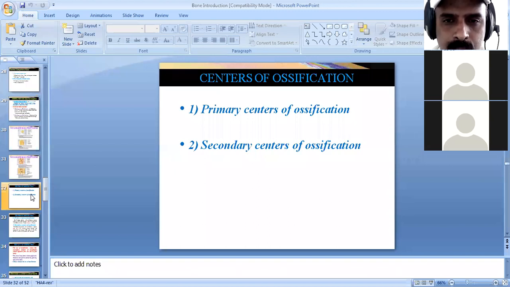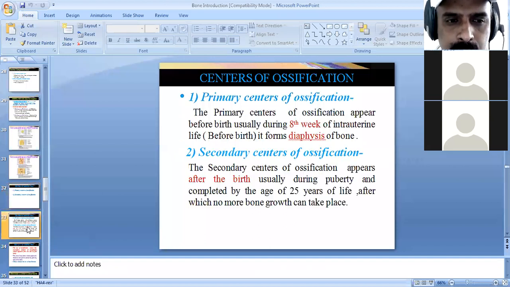Next we have the two types of centers of ossification, which you have to remember: the primary centers of ossification and the secondary centers of ossification.